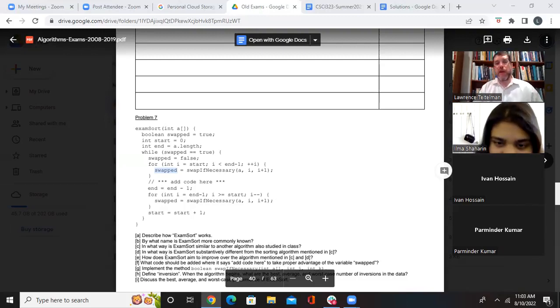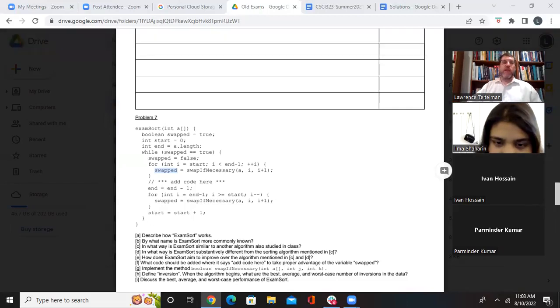Okay, everyone see why it's good to do that? Because we want to know if there are any swaps over the loop, not just if the last one was swapped. Okay, so Ilma, you were saying why is that important?